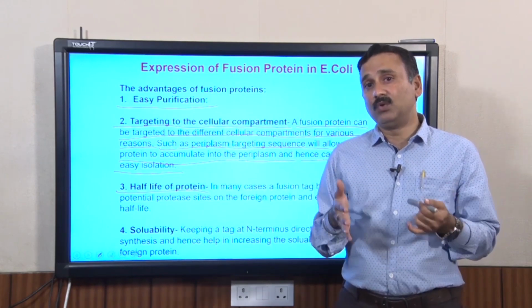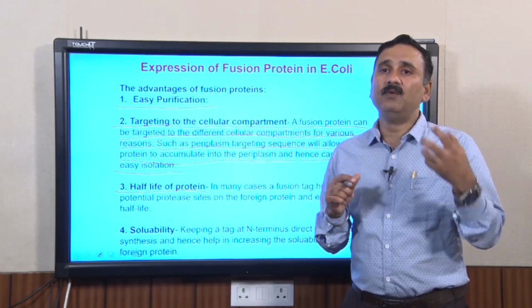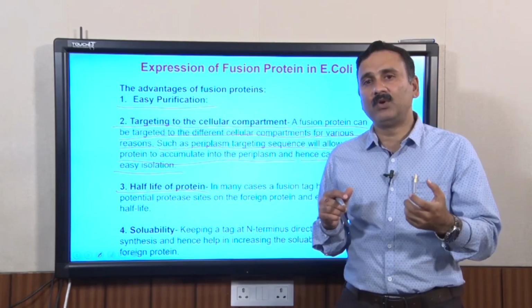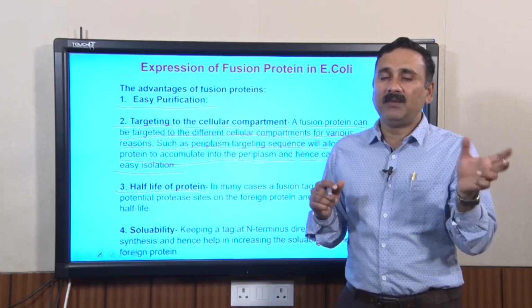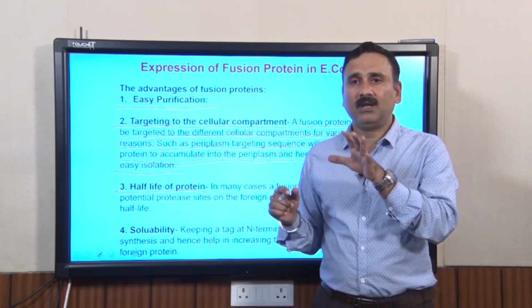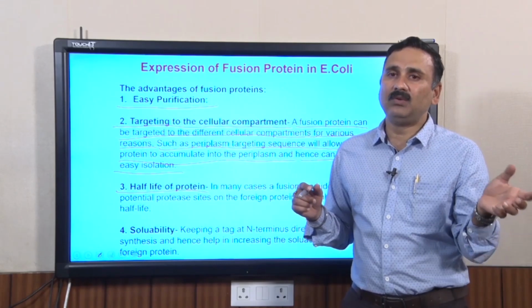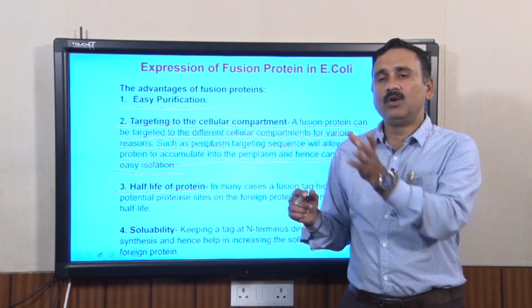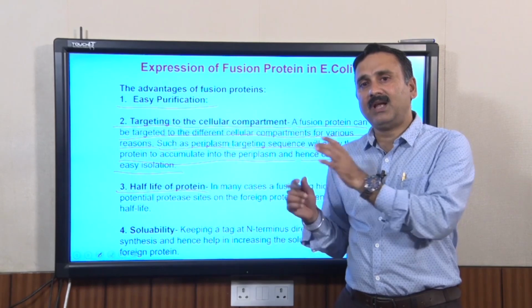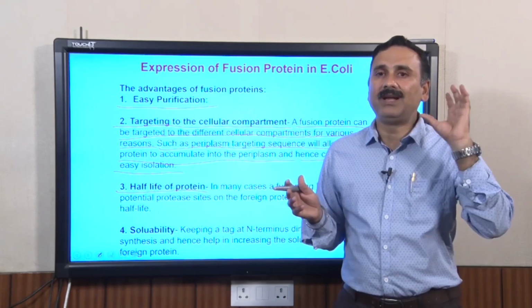In those cases you produce a fusion protein, and depending on the scenario of that particular protein, you put the fusion tag either at the N terminus or at the C terminus, and either of these sites will get blocked.